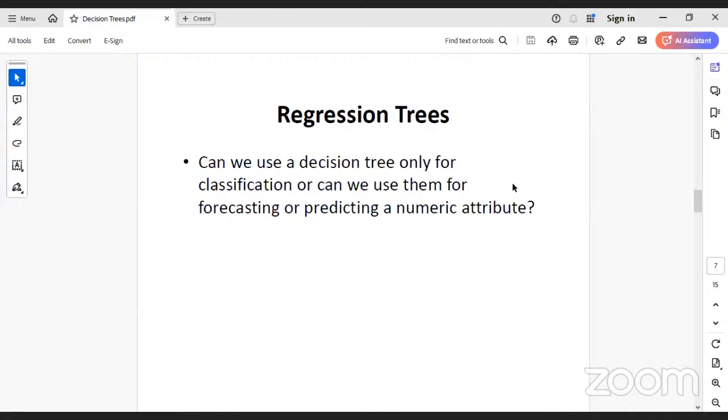We have seen the difference between them with some examples. We also made a statement that by slightly tuning the algorithm, decision tree can also be used without any problem for solving regression problems where the outcome is a numeric value. So this is all about the first part of decision tree.